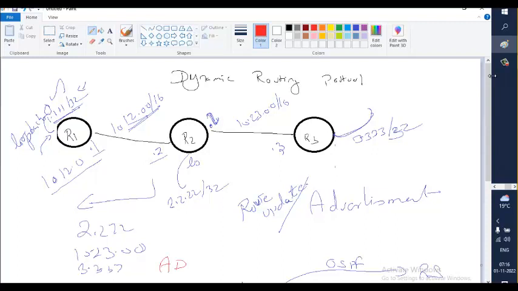I need a routing protocol to make those networks learned dynamically into the routing table. If I need to learn dynamically into the routing table, I need a routing protocol. How is this going to work? Through route updates, in simple terms, advertisement.